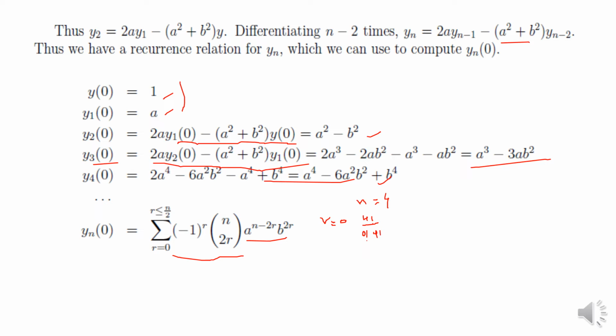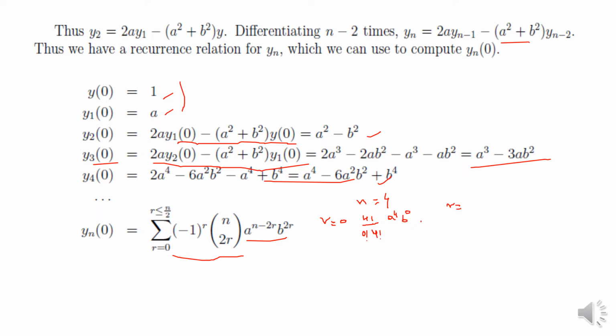So this becomes 1 into a to the power 4 minus 0, so a to the power 4, and b to the power 0, that is 1. So this comes a to the power 4.